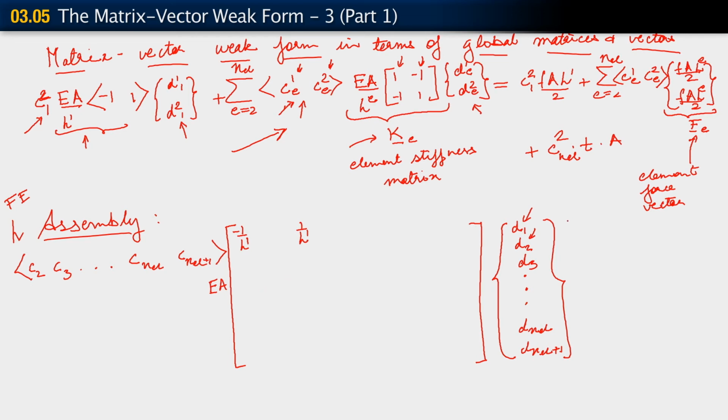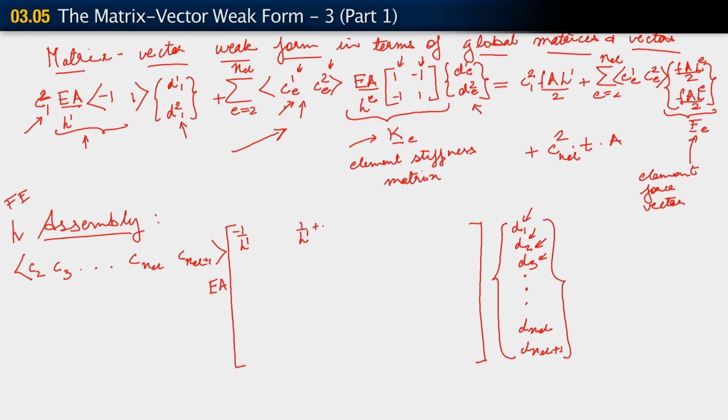Okay, but as far as the contributions from the D vector are concerned, the contributions from element 2 are in D2 and D3. So this means that we are going to be getting contributions to columns 2 and 3 in this matrix. Okay, so what we get here then are, we have 1 over H1 here.